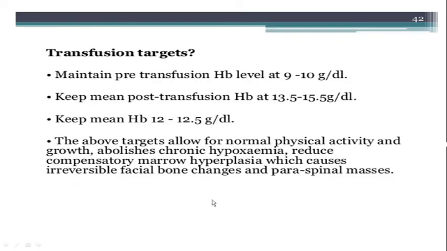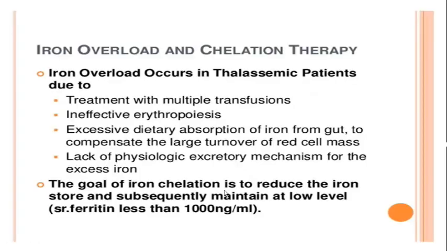As for the transfusion target, we usually try to keep a pre-transfusion target of 9 to 10 and a post-transfusion target of more than 12, 13.5 to 15.5, in order to continue with normal physical growth and avoid chronic hypoxia or compensatory marrow hyperplasia.